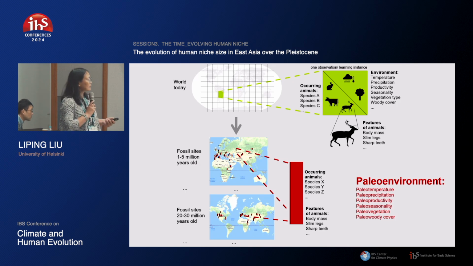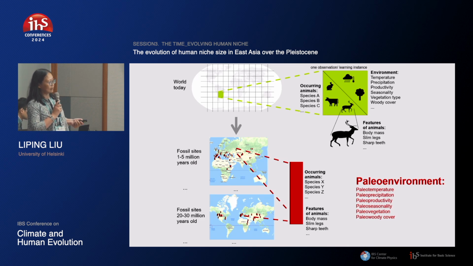Of course, after you build this model, you can use it for the past. For fossil occurrence, in the very recent past you can also use species, but in the very deep past, for example the Middle Miocene, you can only use this ecometric method.